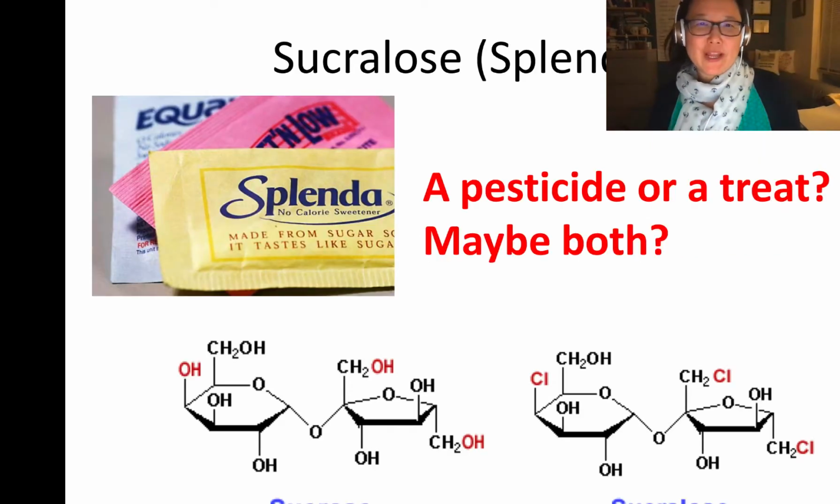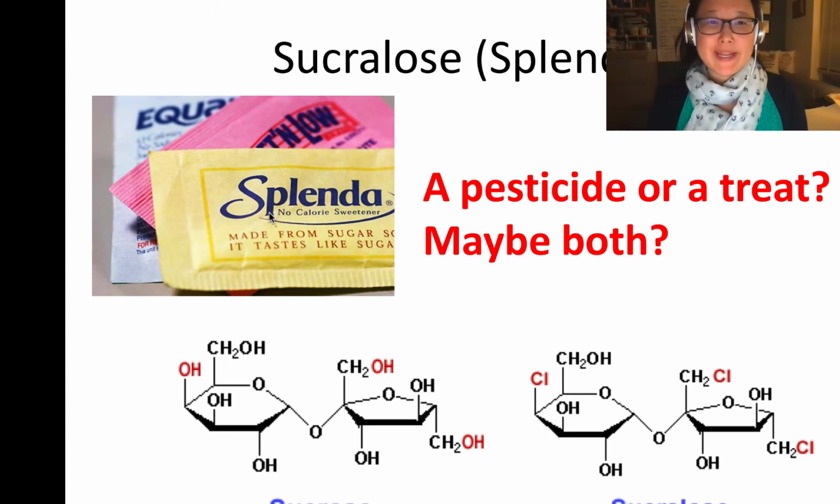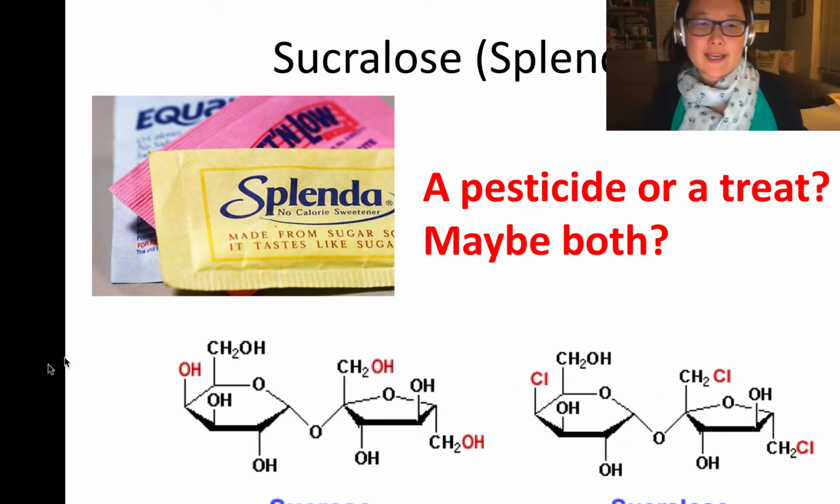And then some of you know about sucralose or Splenda. And here's sucrose, which is just OH groups everywhere. And so we talked about how it's glucose and fructose linked together. Splenda or sucralose replaces some of the OH groups with Cl groups. So you can see that it's maybe not the healthiest kind of molecule you could be eating just because it's halogenated, and we generally don't consider those very safe.